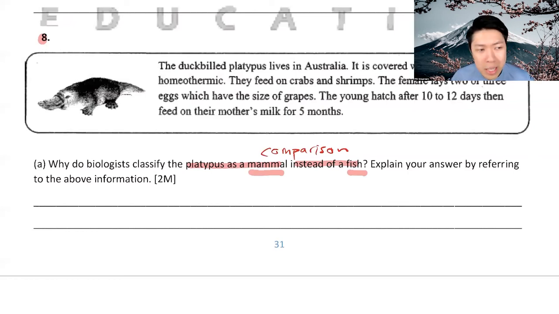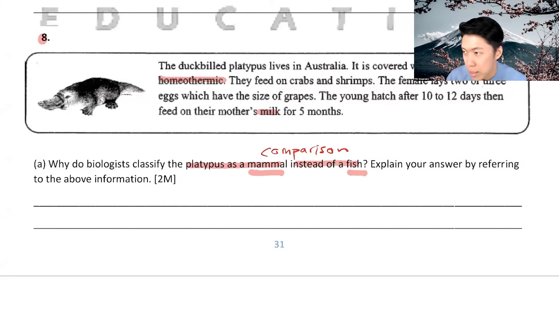What makes platypus a mammal is because platypus is homeothermic, obviously. And second thing, platypus will actually feed their young with milk. That's what fish doesn't do. So we have to do opposite. So fish is poikilothermic, and fish doesn't feed the young with milk.